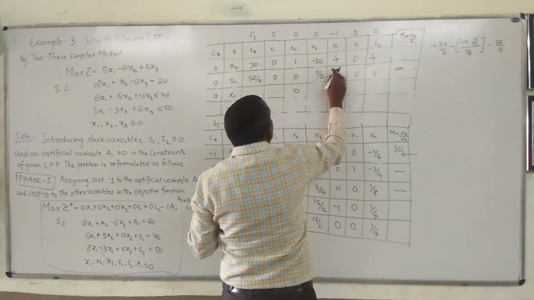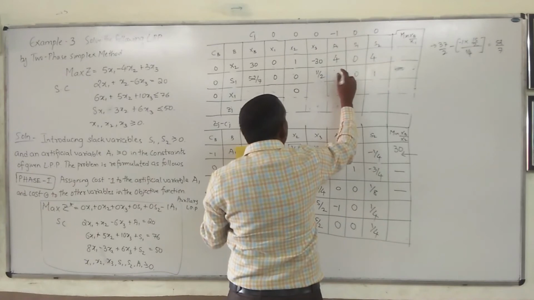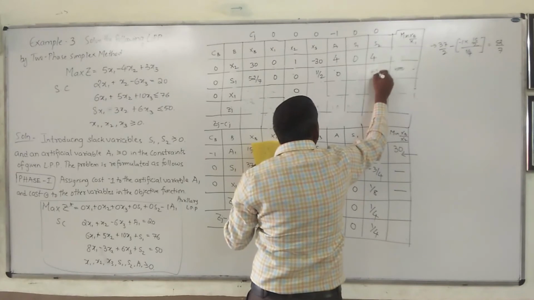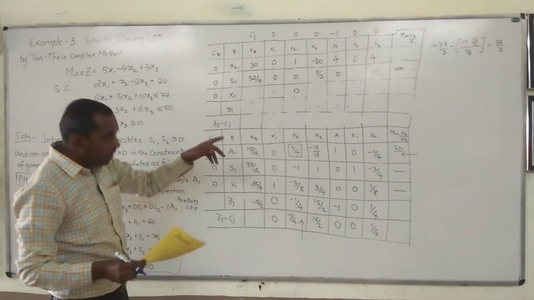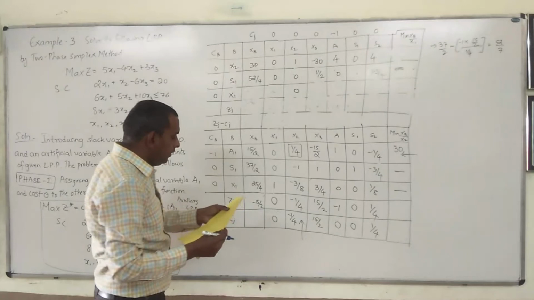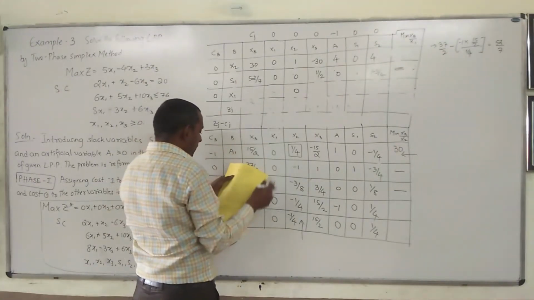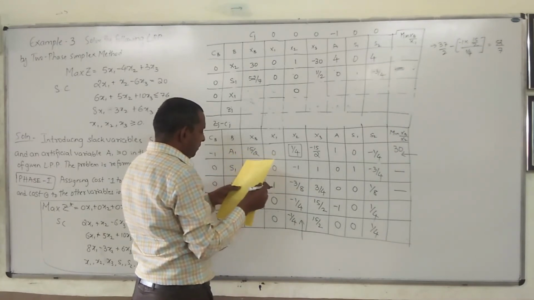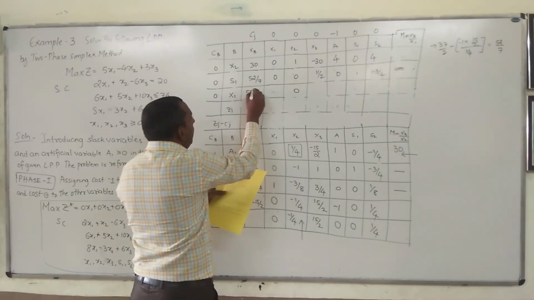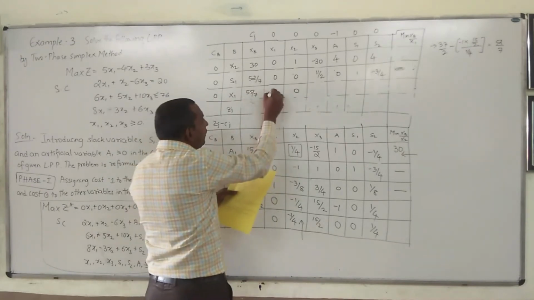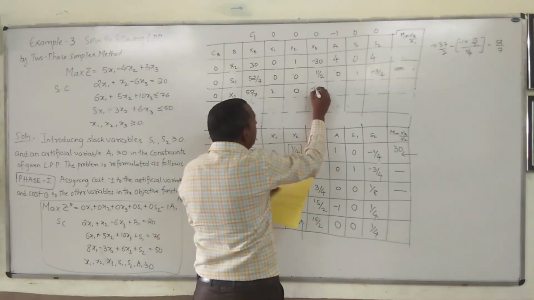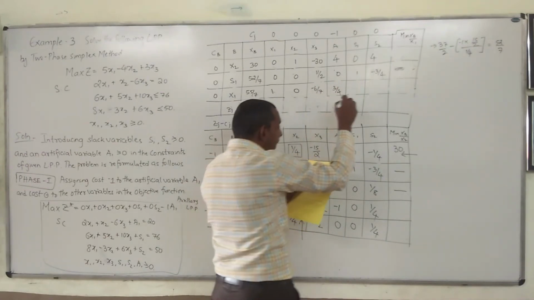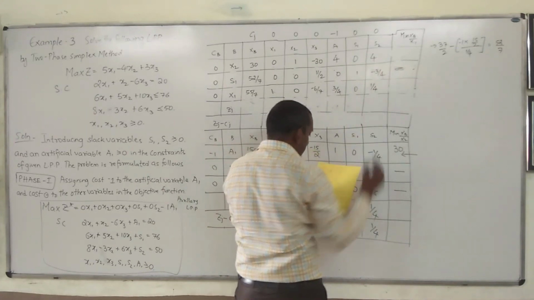X3 is 11 by 2, then this is 0, then this is 1, then this is minus 3 by 4. Fine. So coming to this row, it is nothing but 25 by 4. This is 55 by 7, then it is 1, then it is 0, then 6 by 7, followed by 3 by 4, then followed by 0, 1 upon 4.